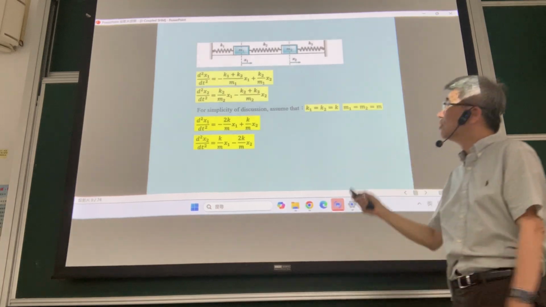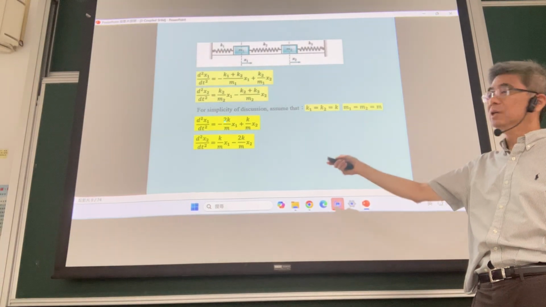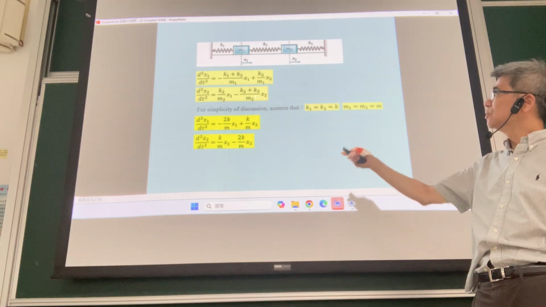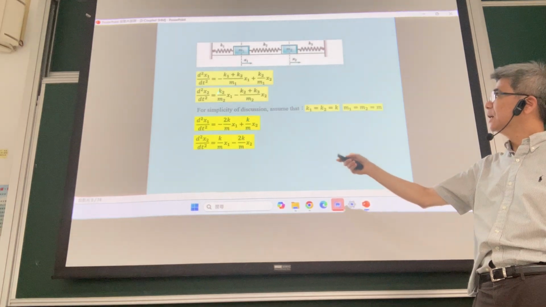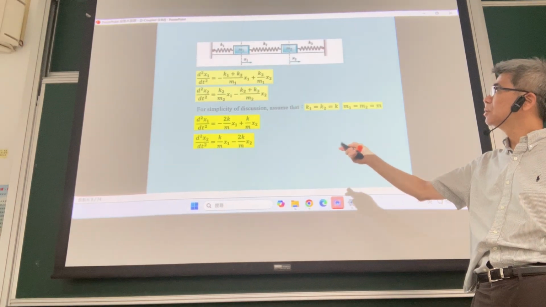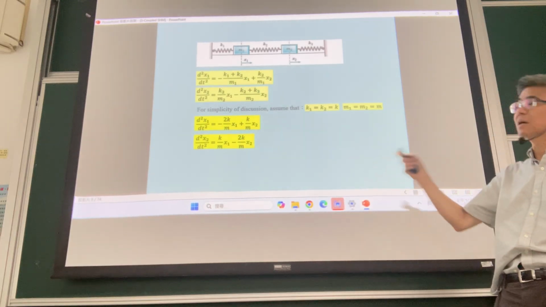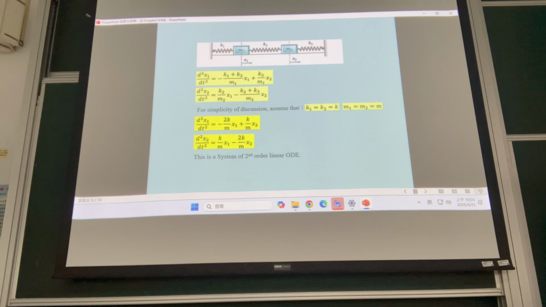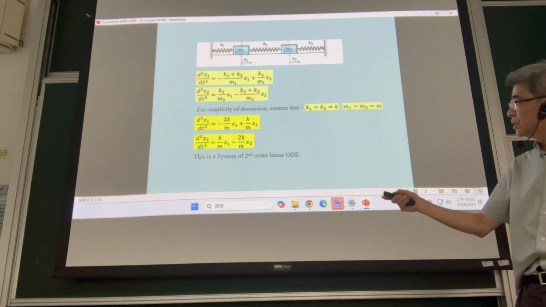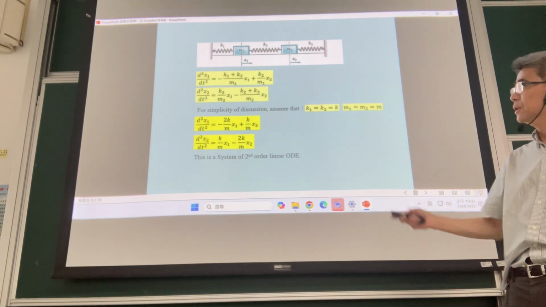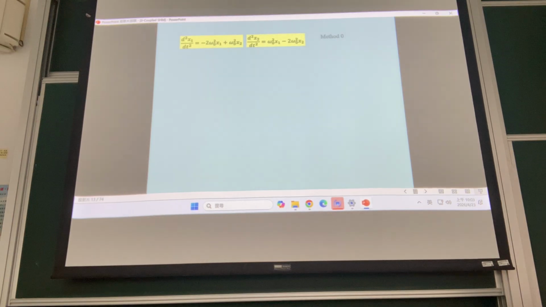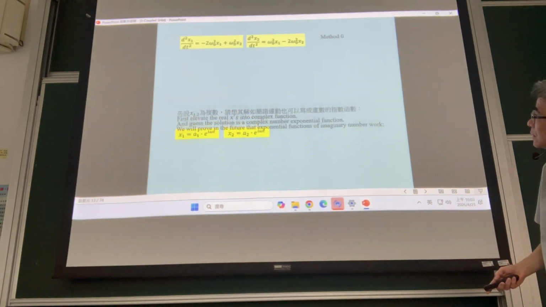Okay, so K1 plus K2 equal to 2K. K2 is equal to K, and K2 plus K3 is equal to 2K. So that's the stuff. Okay, and of course it's a system of second-order linear ODE. No problem.